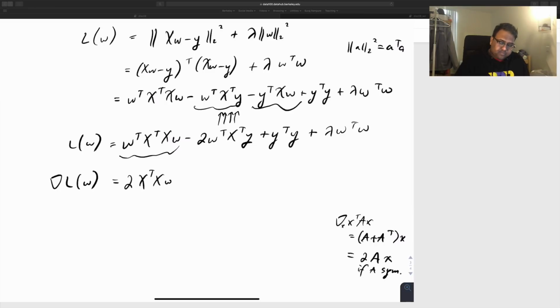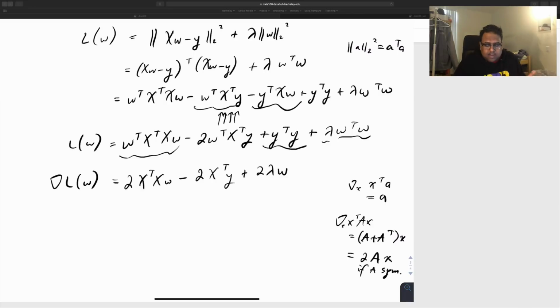Then minus, here we use the fact that the gradient with respect to X of X transpose A is just A. So we have 2X transpose Y. The gradient of Y transpose Y with respect to W falls out because it's independent of W. And then the gradient of lambda times W transpose W with respect to W is just 2W, so you have 2 lambda W.